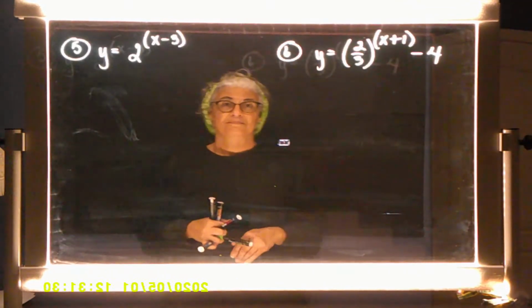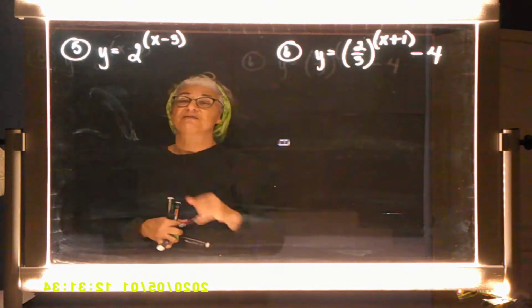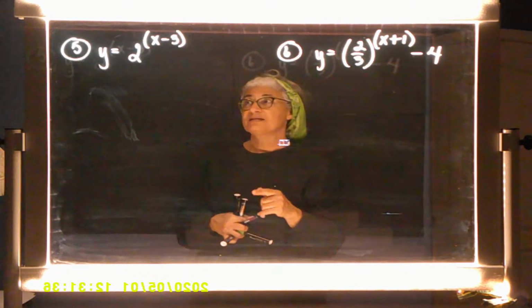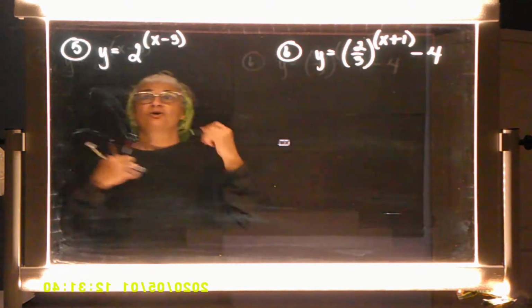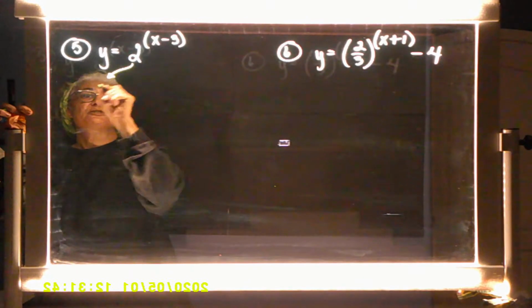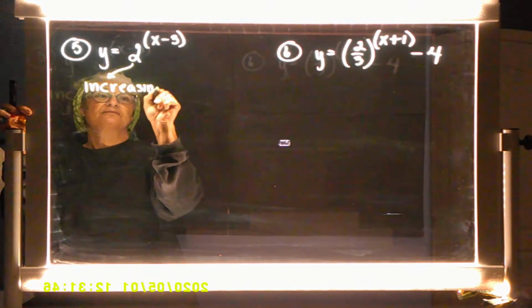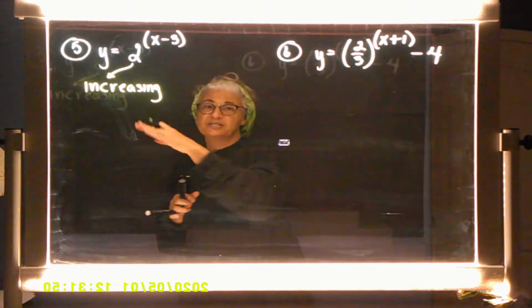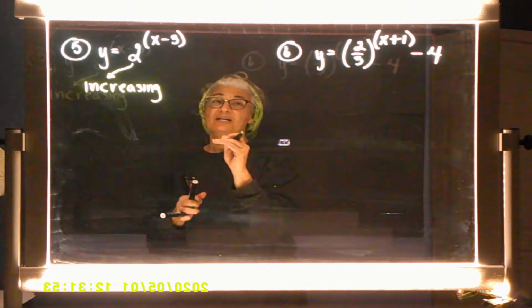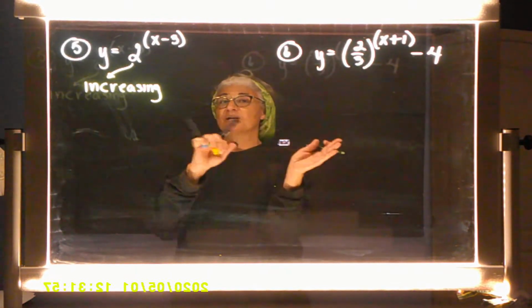Okay, so let's look at some more graphing problems. Let's look at number 5. Now, do you notice in this case my base is greater than 1, right? Which means this base tells me my graph will be an increasing graph. Now, do you notice in this case the -3 actually moved into the house of x, right? So it's going to affect my x's, which means it's either moving left or right.